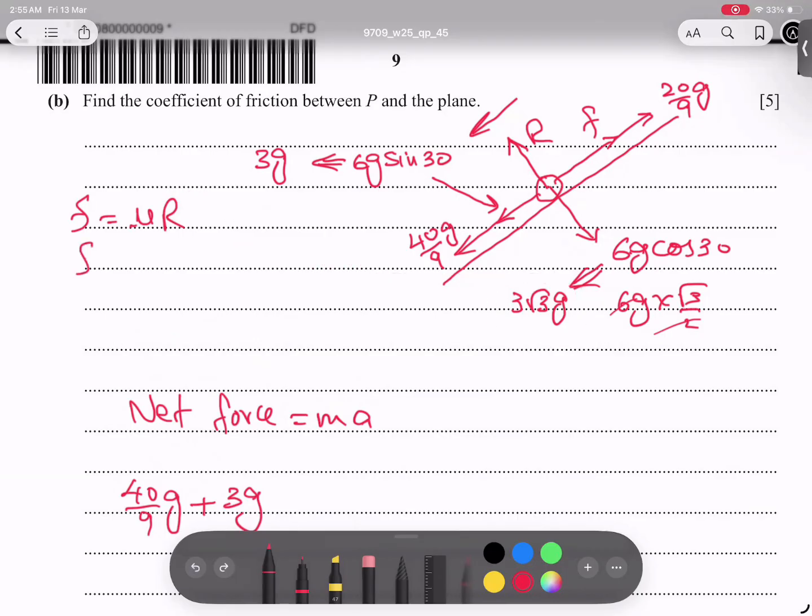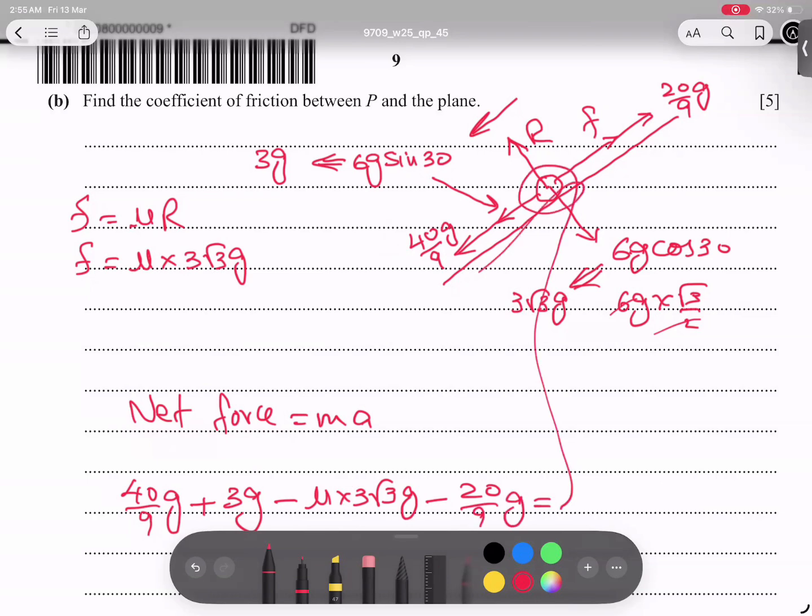So F equals mu R. Mu is unknown, and R is 3 root 3g. So I can write it now here: tension and weight component minus friction and minus that. Friction force subtracting, I get mu times 3 root 3g, and minus 20 over 9g equals ma.